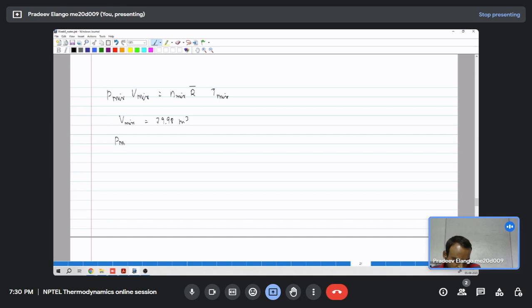So P_mix is equal to 2.5 plus 7.5, which is 10, into 8314 into temperature of the mixture, 309.3, divided by volume, that is 79.98.